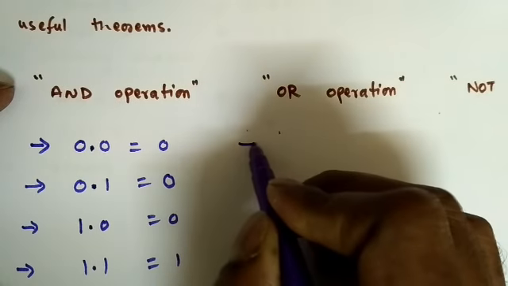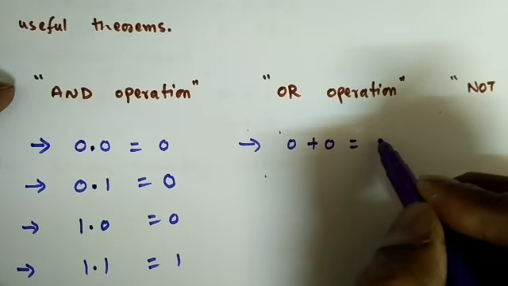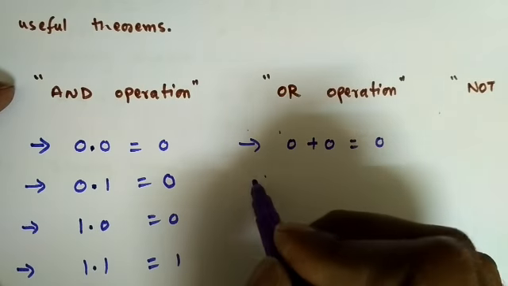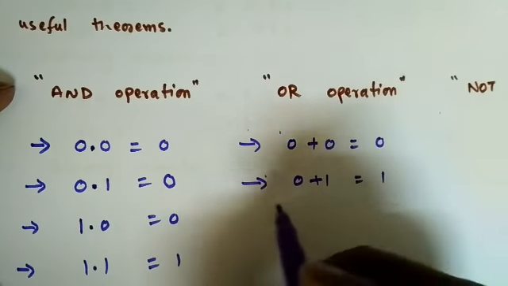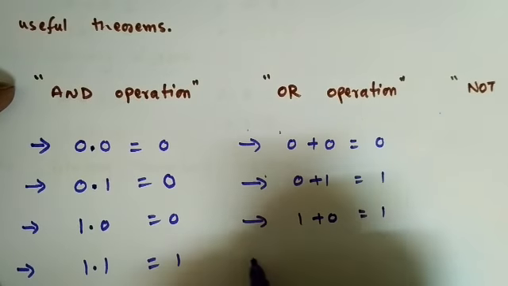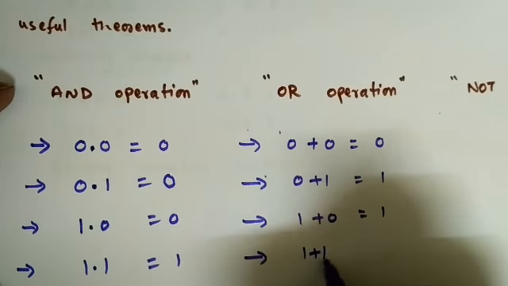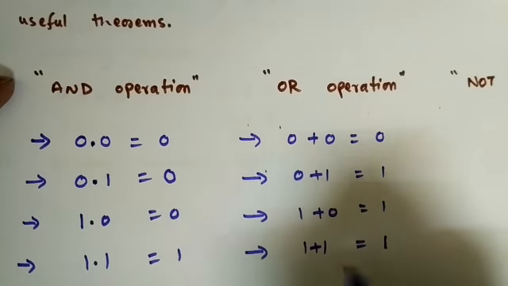Similarly, for the OR operation, 0 plus 0 is 0. The second one is 0 plus 1, which becomes 1. The third one is 1 plus 0, again 1. And the last one is 1 plus 1, which becomes 1. That is the axiom or postulate, right?